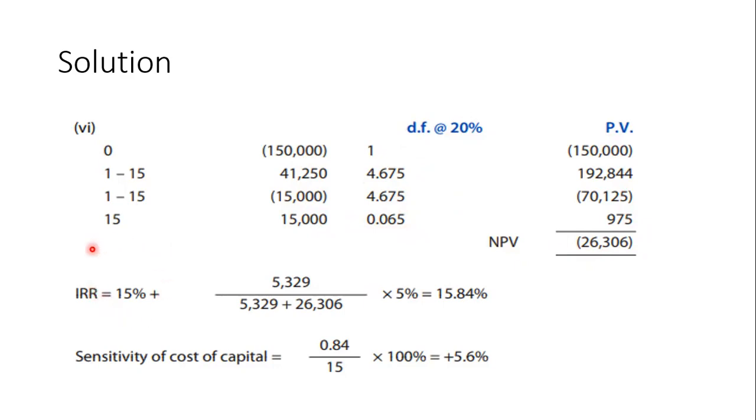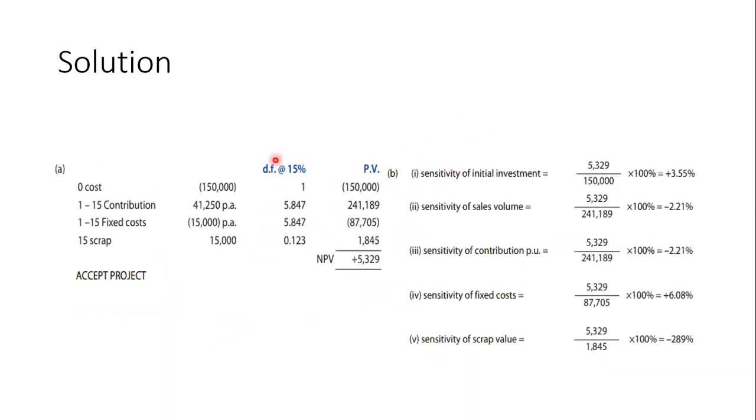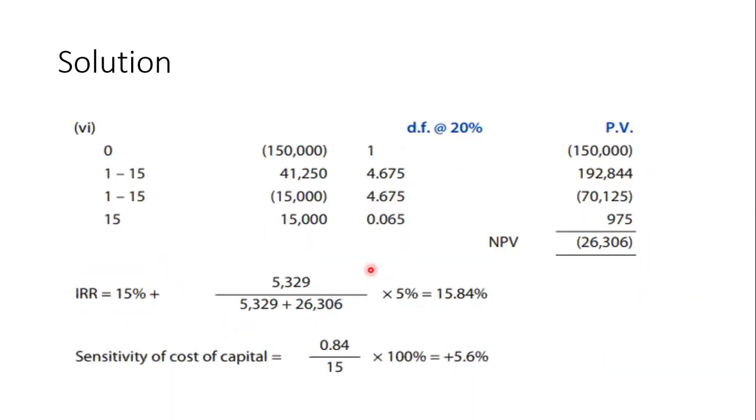So you have here the lower discount factor, which is 15%, and that's the NPV for the lower discount factor. The higher discount factor is 20%, and that's the NPV for the higher discount factor.